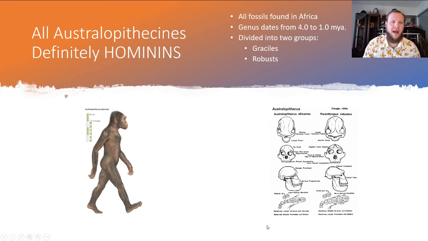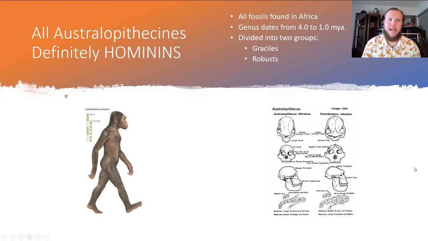So here we have the differences between Paranthropus and Robustus. And Robustus is essentially bigger, right? Gracile means more dainty, a little bit less robust, okay? And robust means definitely thicker and with more larger features, okay?